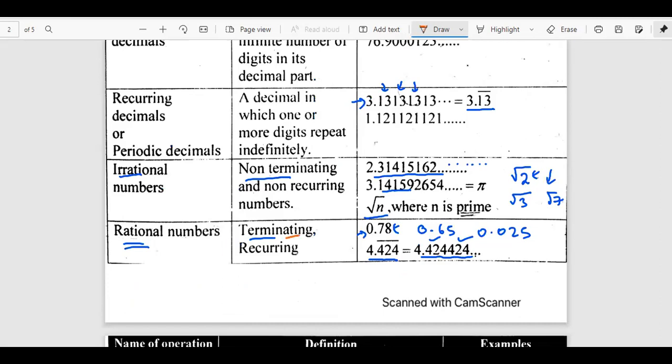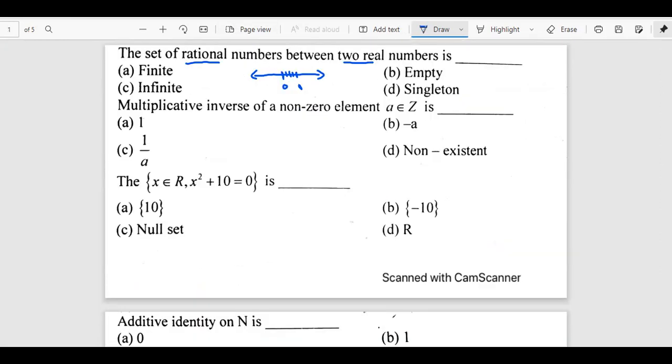Terminating or recurring. So if you look at the questions here, you know that between 0 and 1, you are going to have infinitely many decimal numbers where the decimal is terminating, right? So this means that the answer is infinite. We have discussed this thing as well, the question which you asked, that between two real numbers we have infinity and the boundary is one.